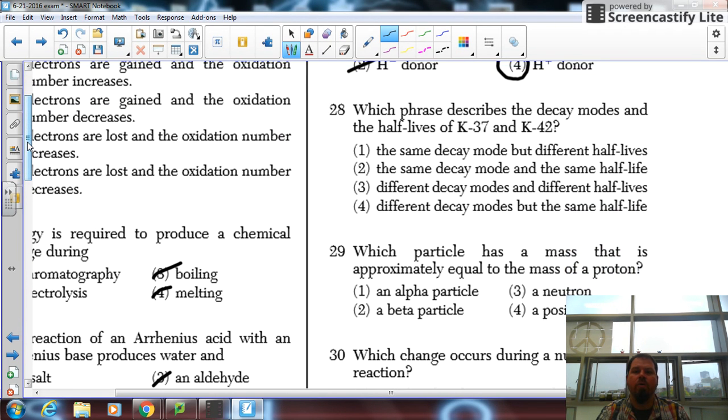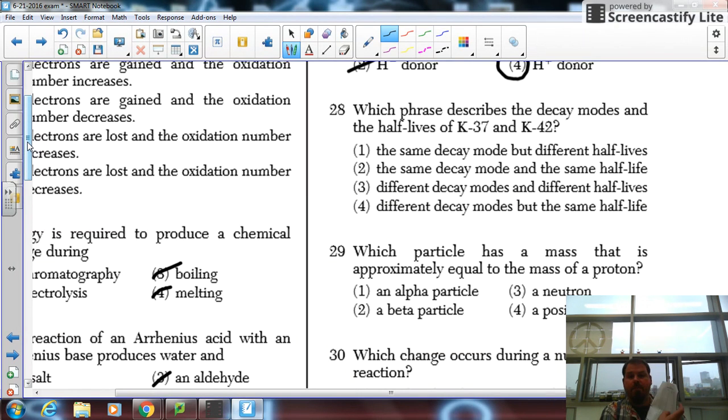Okay? Which phrase describes the decay modes and half-lives of K-37 and K-42? So now this is nuclear chemistry, which is what we just finished last. So let me go to the table with the different isotopes. K-37, K-42. I see K-37 and K-42, which is fabulous.